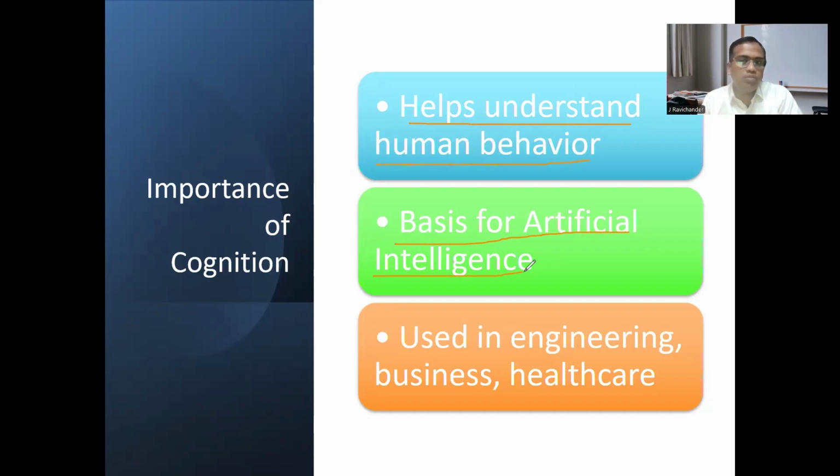Then only we can mimic our brain. That is why cognitive science is very popular. Cognitive science is the fundamental foundation for artificial intelligence, which can be used in engineering, business, as well as in healthcare applications.